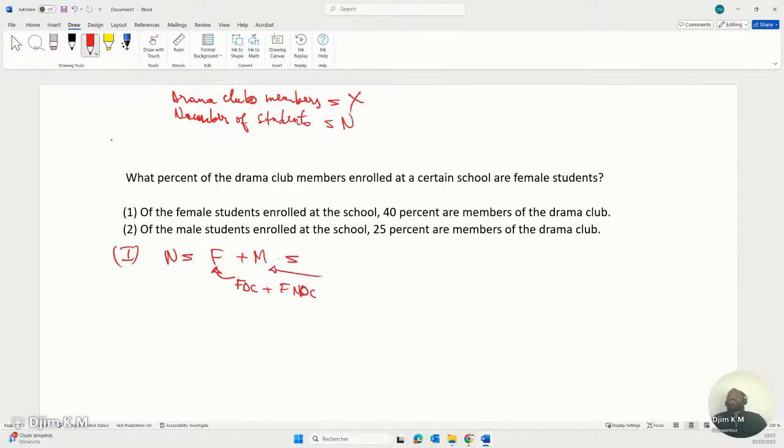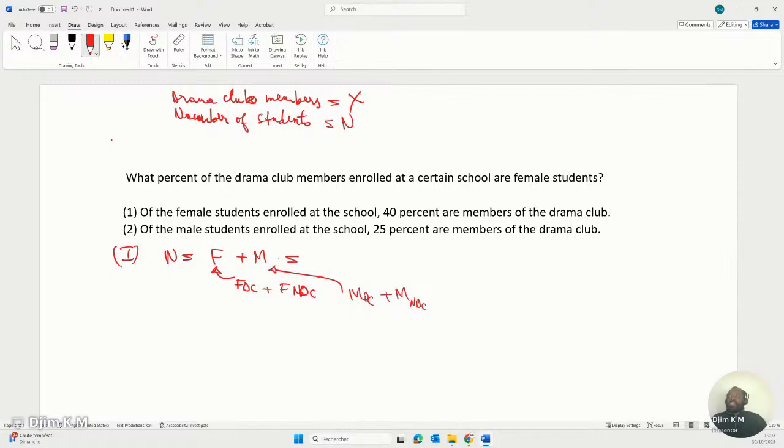The same for male: male part of the drama club plus male not part of the drama club. And the first condition tells us of the female students enrolled, 40% are part of the drama club.